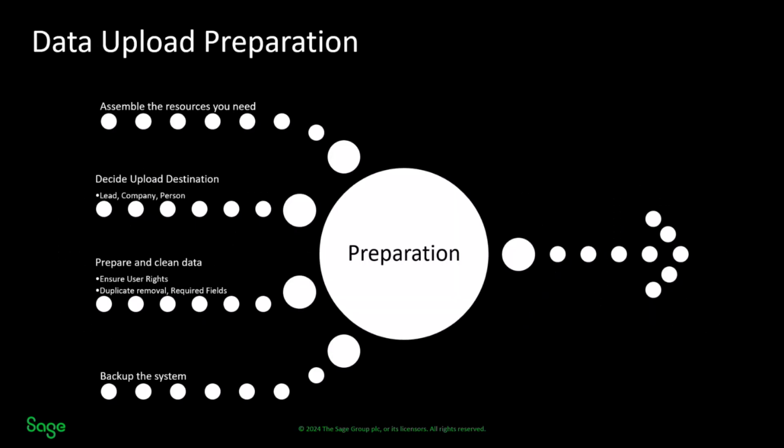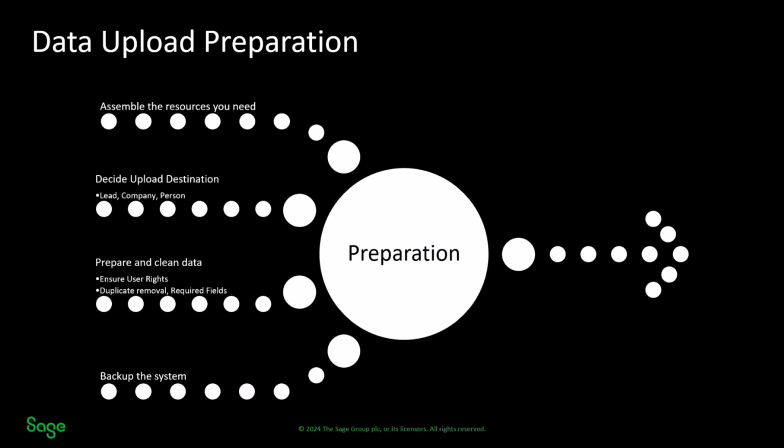Within data upload preparation, you think about the resources that you're going to need. The resources that we'll use will be information about the data itself that you have, the nature of the target inside Sage CRM that you'll be migrating the data to or uploading the data into.